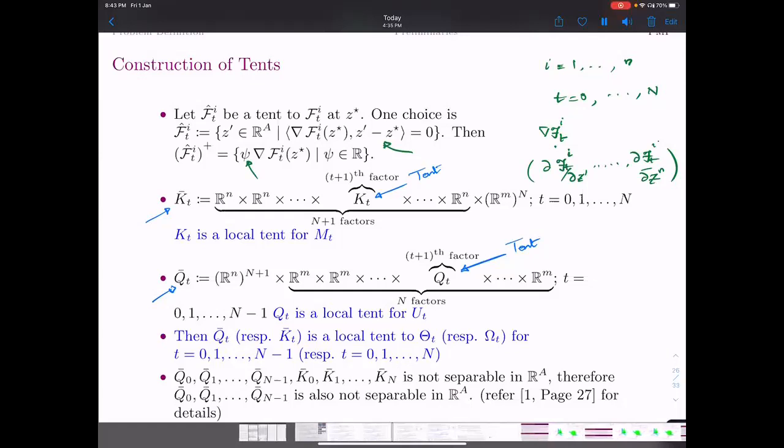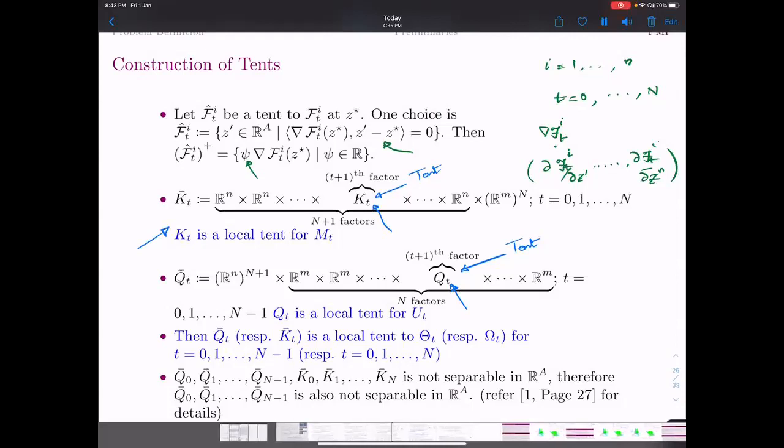Now, if you look at these tents which are being indicated for each of these, if this is a tent at a particular stage, and then you have the overall local tent in the global picture.